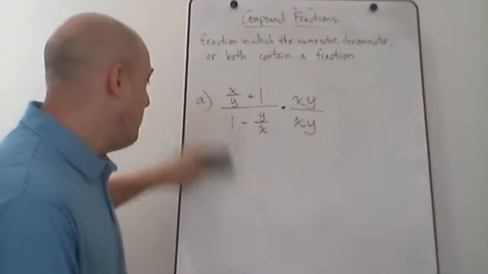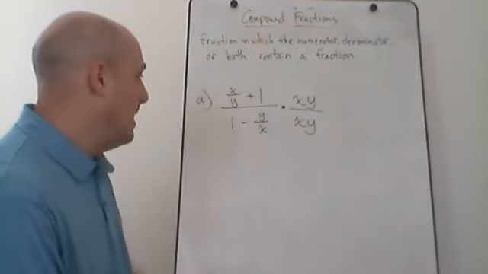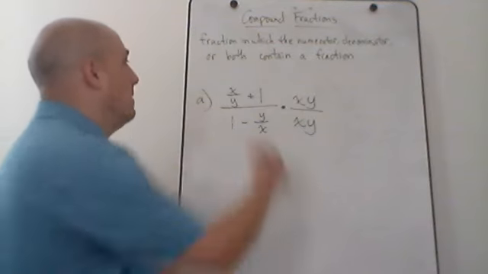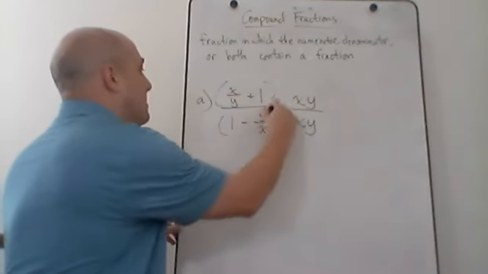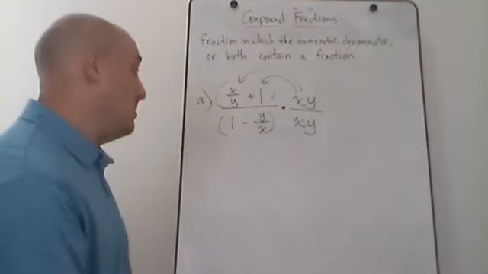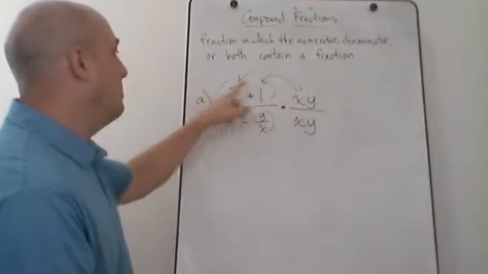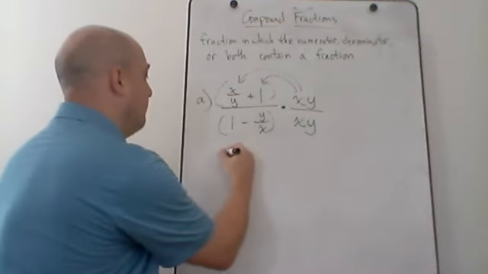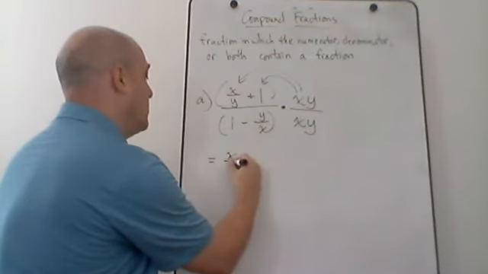Let me erase this common denominator here so that I have some space to write. Think of these things as being in parentheses, and I have to distribute that xy times all the stuff in the numerator. Let me just write it out, and then we'll do the simplifying part in a second.